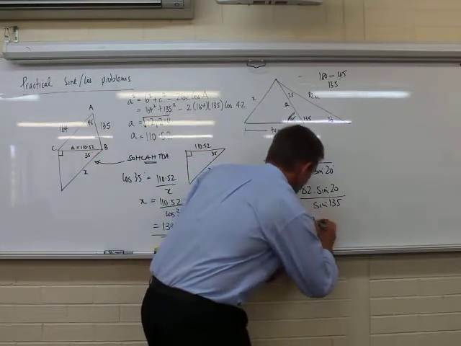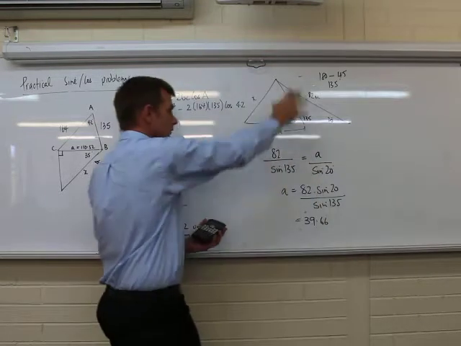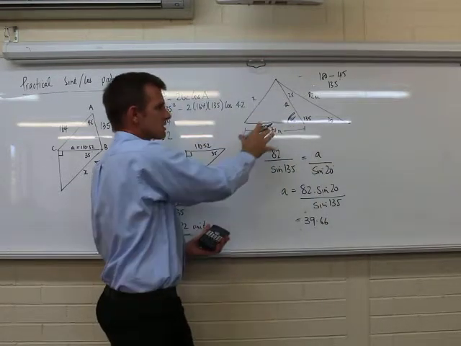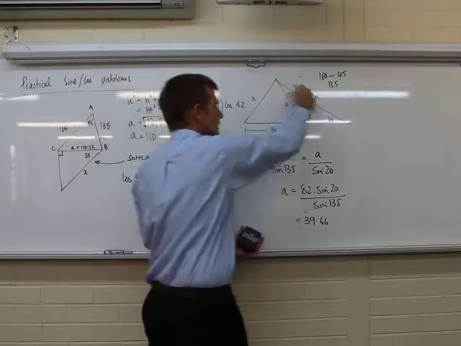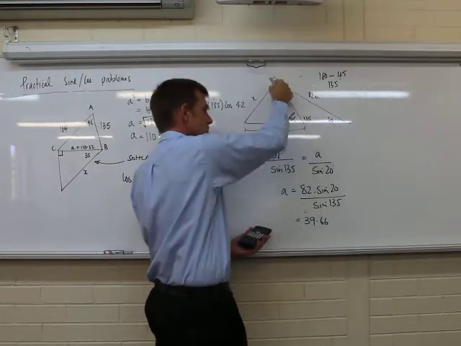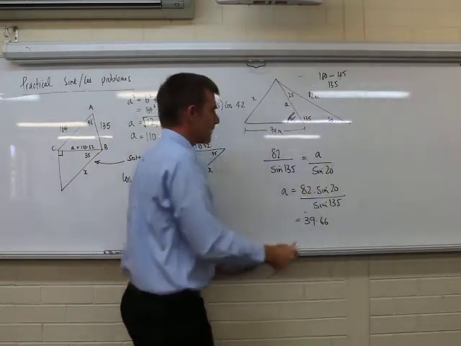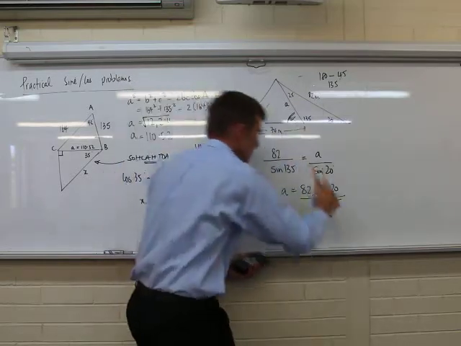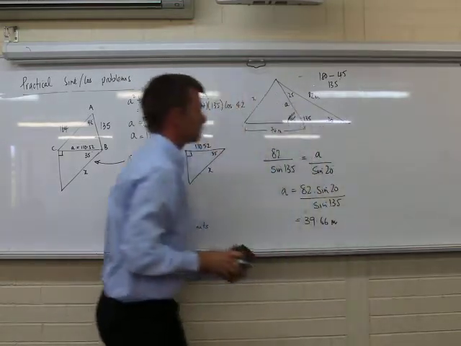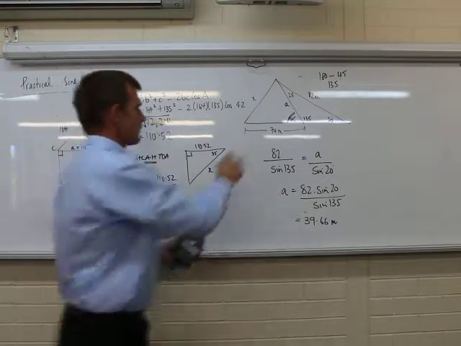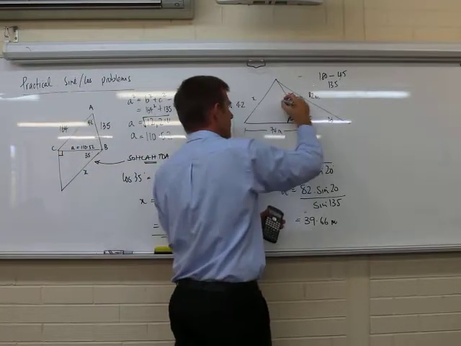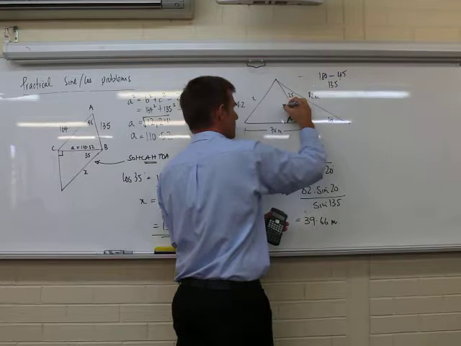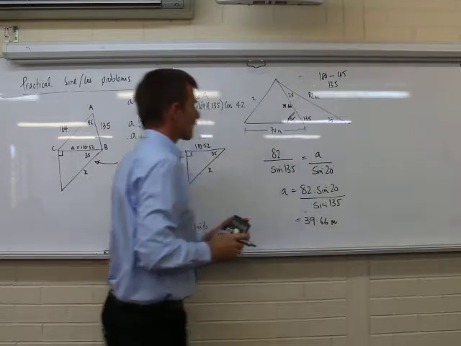And again, in the context of this question, that seems about right. This side here is 82, that's definitely shorter than it, so it seems about right. This has got metres on it, so I'm going to add metres there as well. So I've now got a side here as well, 39.66 there for that side.